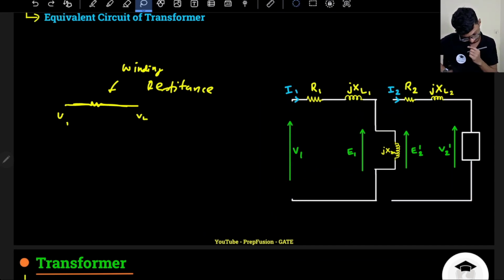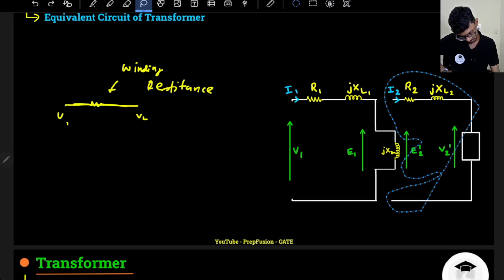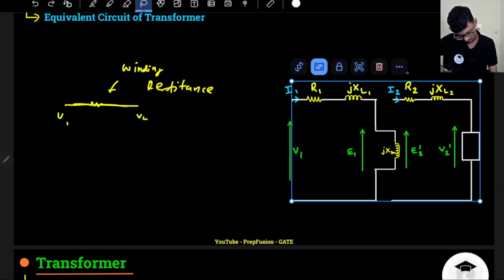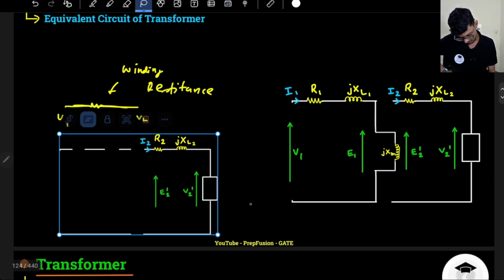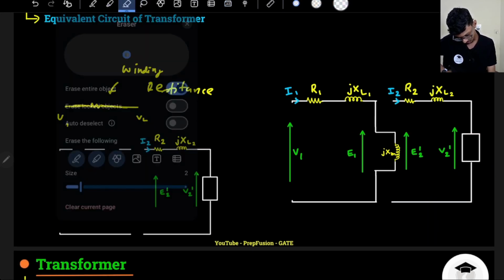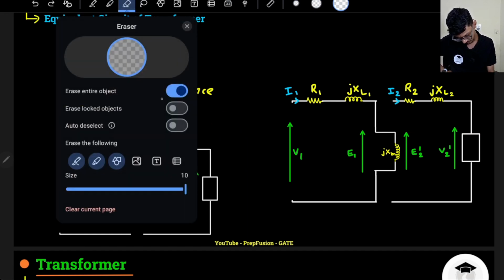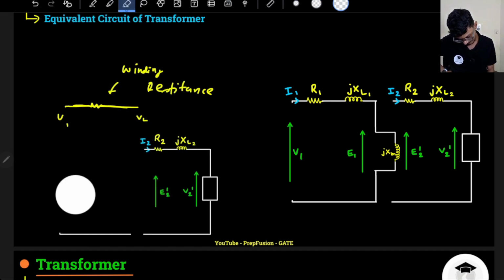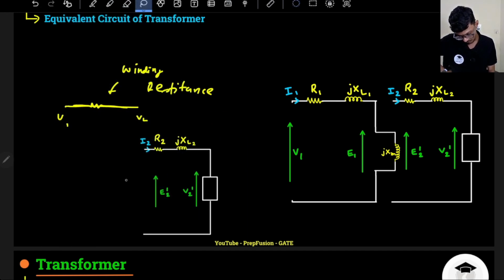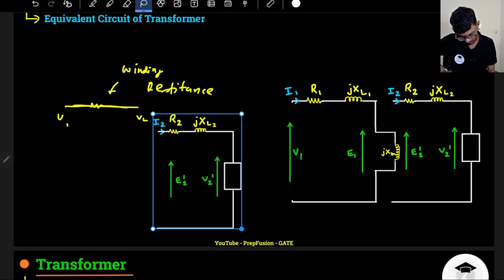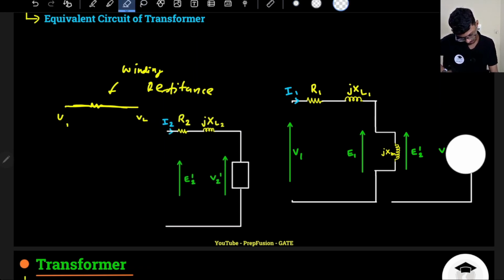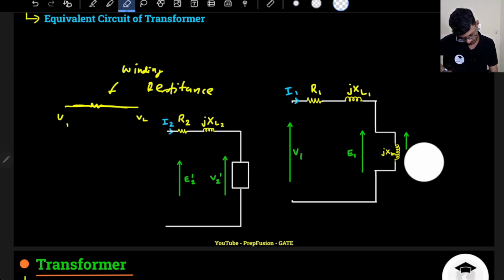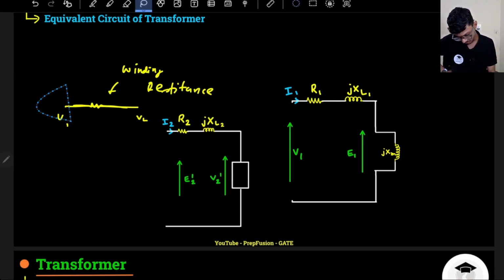Okay, what I can do is copy this. I need to delete this. Here I just want to add one thing: this is my winding resistance.